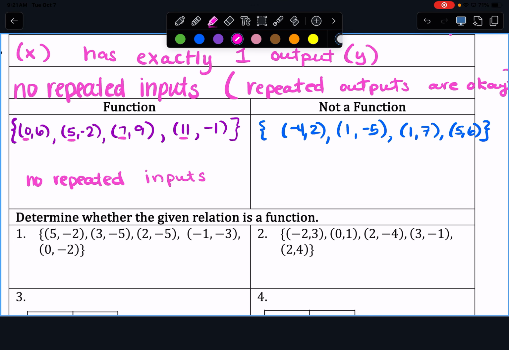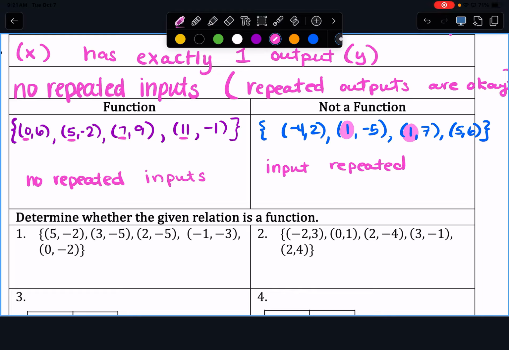Why would this not be a function? Because there is an input repeated. That is what makes it not a function.